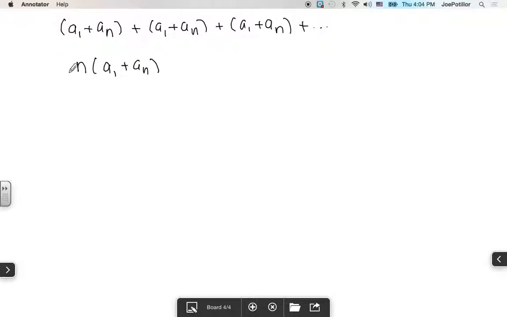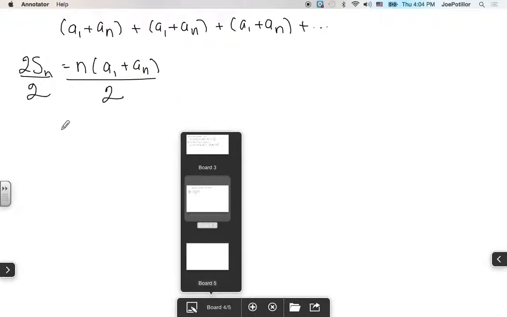And of course, since we added these two equations, this is twice the sum of n. And divide by 2, divide by 2. I end up with the formula for the sum of an arithmetic sequence, which I'll write on the bottom.